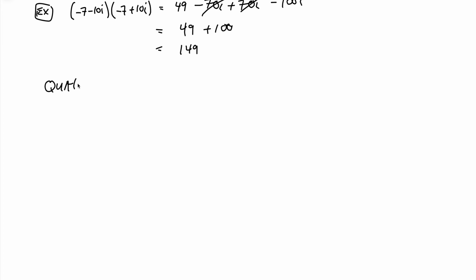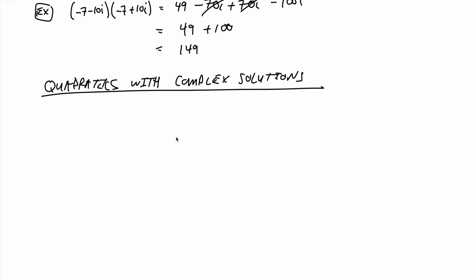So let's talk about quadratics with, I'm not spelling anything right today, quadratics with complex solutions. All right, so let's give an example, okay? x squared plus 2x equals negative 10.